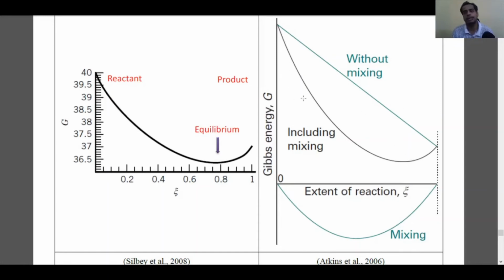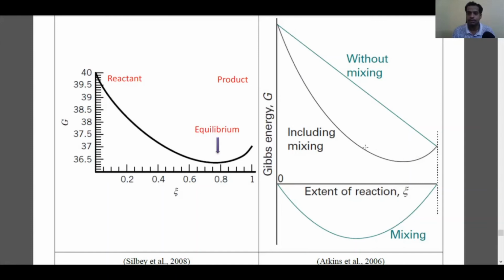So we get a resultant curve like this. The linearly decreasing line is due to the first three terms, and this parabolic decreasing line is due to the mixing term, and the resultant curve is a somewhat elliptical kind of line. So this curve is important.